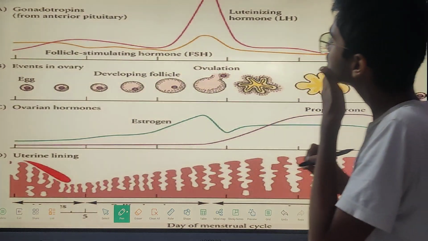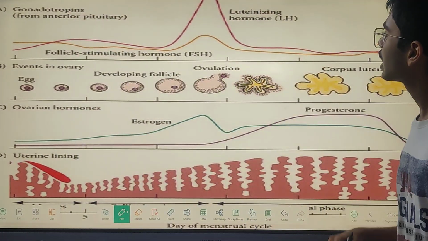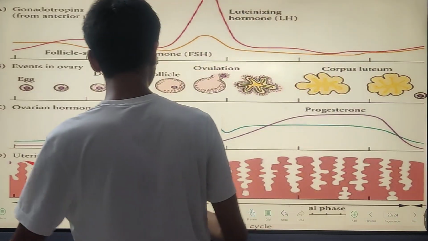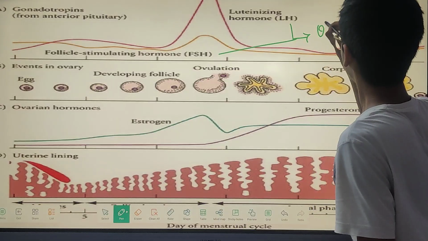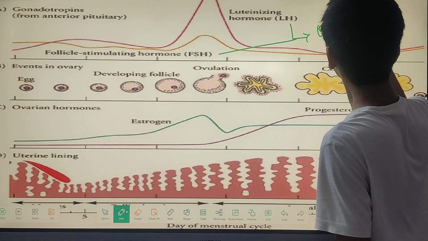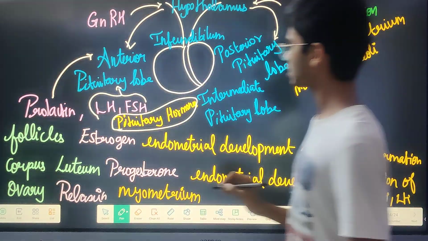Then LH and FSH are known as pituitary hormones, and these two help in the process of ovulation. Okay, here shall I write?